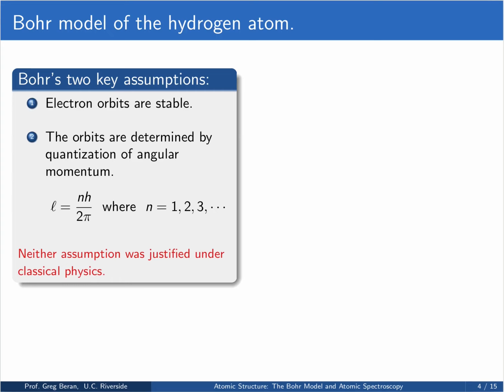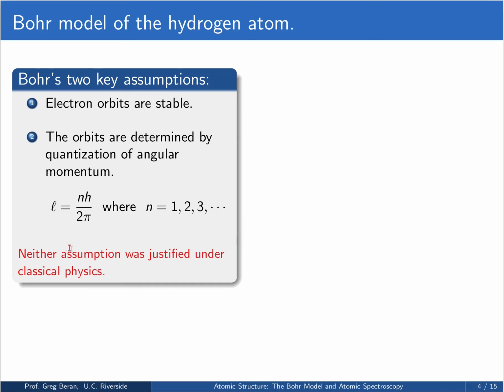To build his model of the hydrogen atom, Bohr ended up making two key assumptions. First, he said that the electron orbits must be stable, and so he worked out what physics was required to make them stable. And second, he used this idea of quantization, but instead of quantization of energy like in the Planck model and the photoelectric effect, he said that the angular momentum was quantized.